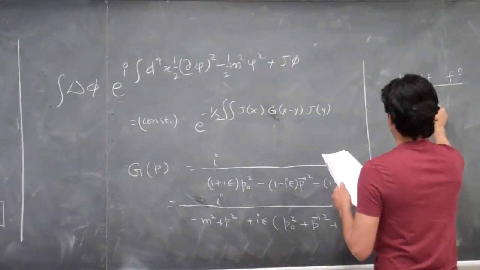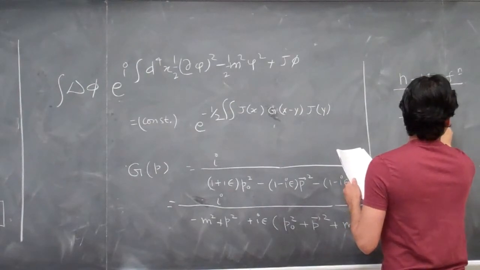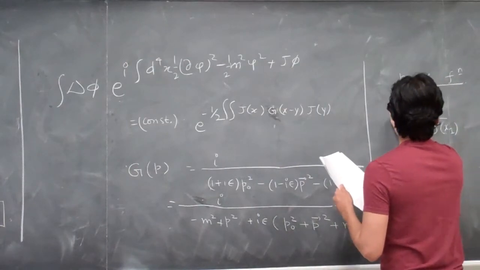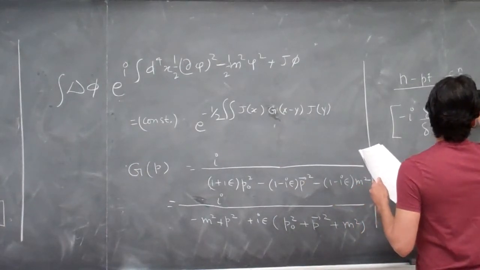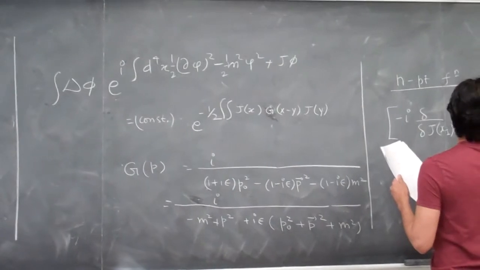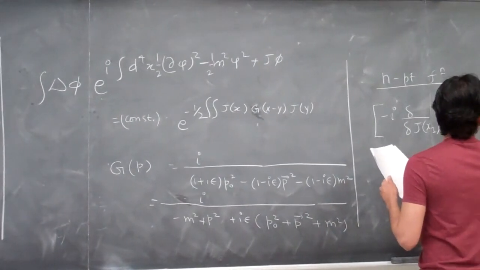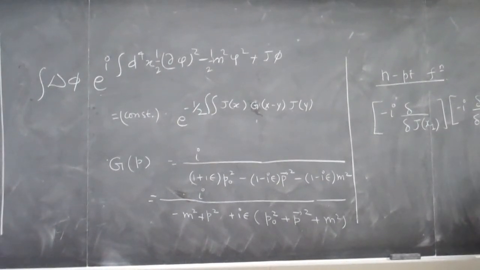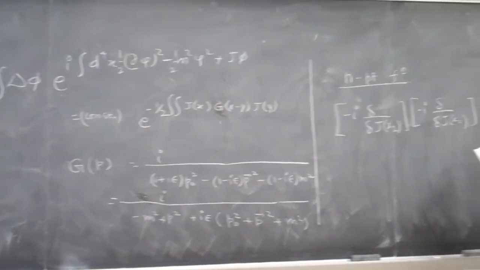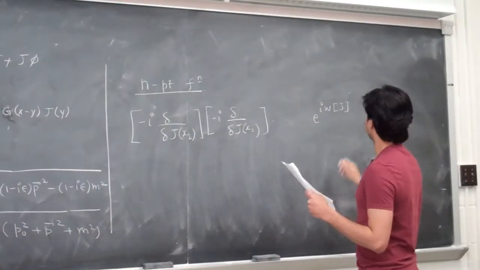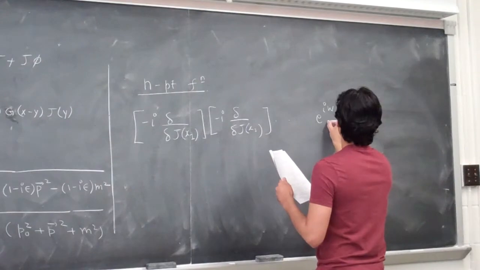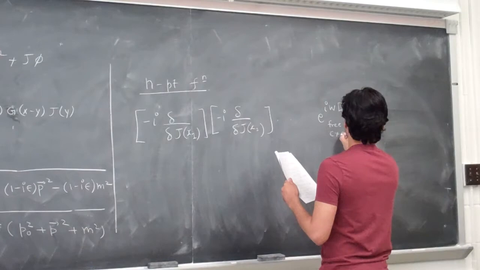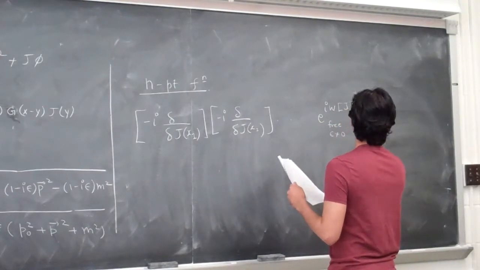Well, I have to do this, quantities acting on Z. And this is a free theory. This epsilon does not have to be 0. And this will be evaluated at J equal to 0.